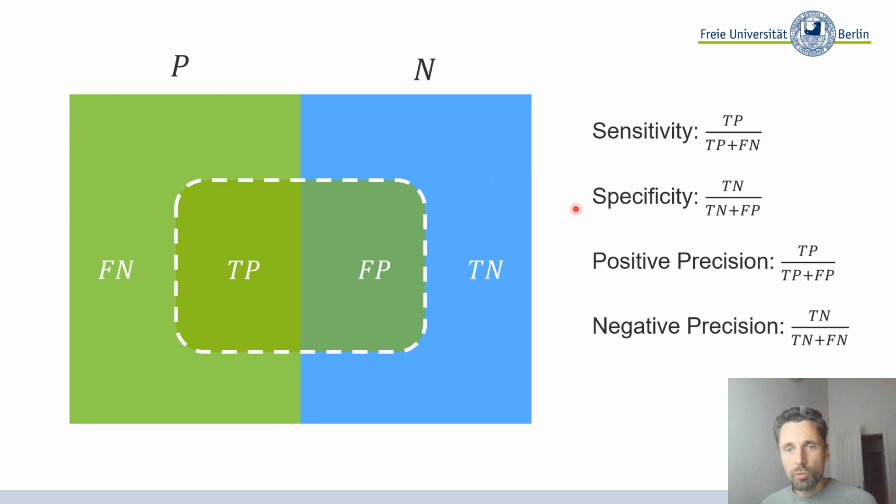And the opposite is true for specificity. So we only regard all the negatives. Yeah? So a very specific model, very specific predictor, would try to move this box into P, not covering anything within N. Yeah, so all the positive predictions would fall into the positive area.